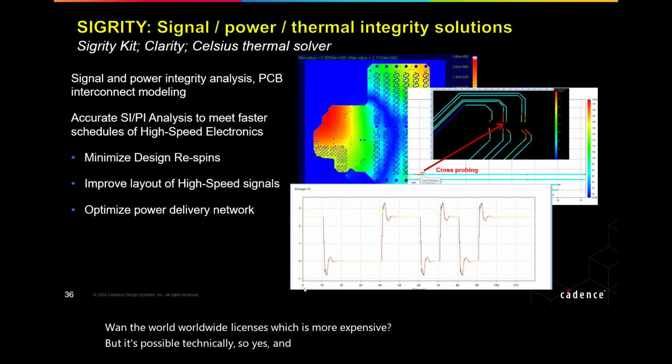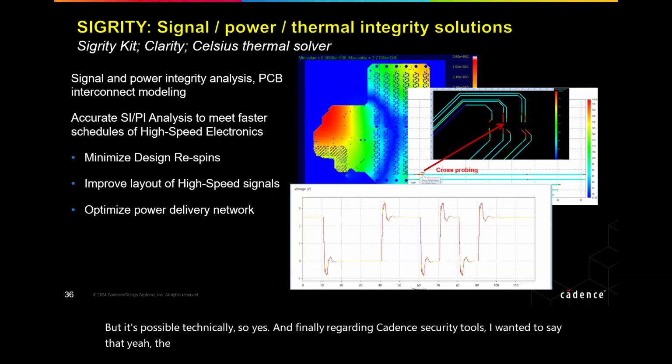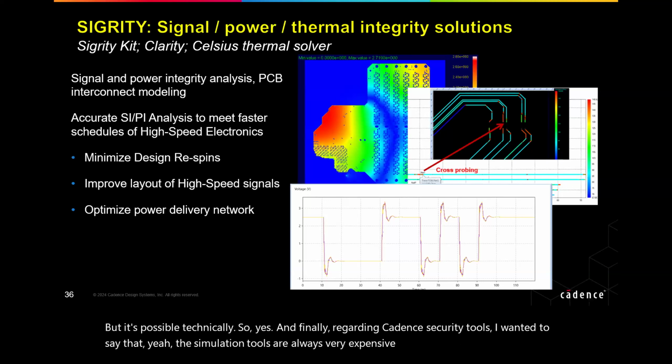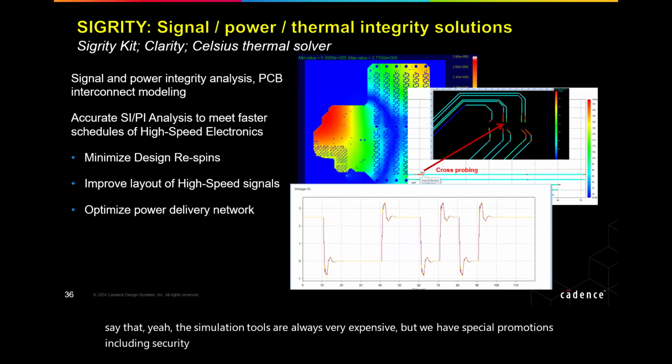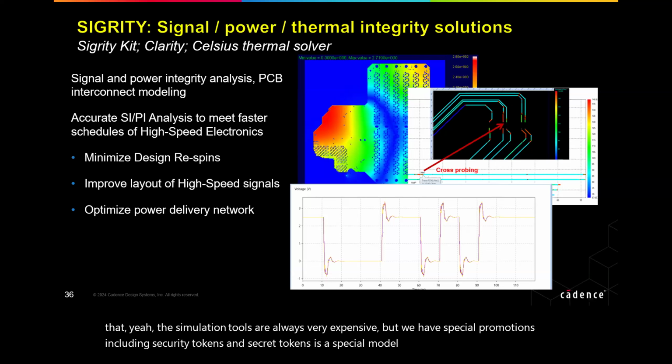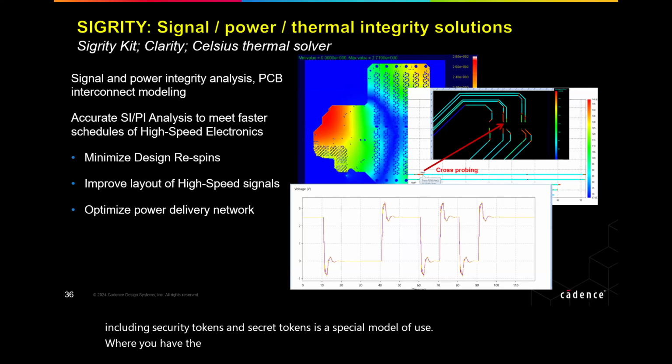Finally, regarding Cadence Sigrity tools, the simulation tools are always very expensive, but we have special promotions, including Sigrity tokens. Sigrity tokens is a special model of use where you have access to the whole range of Sigrity tools, one by one.